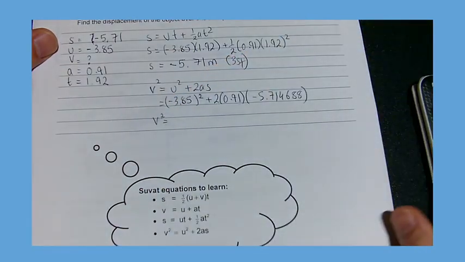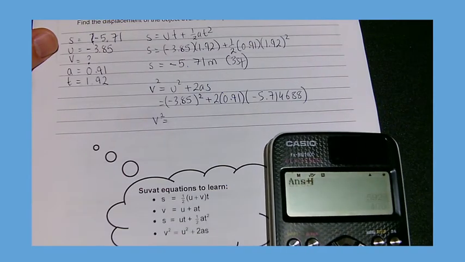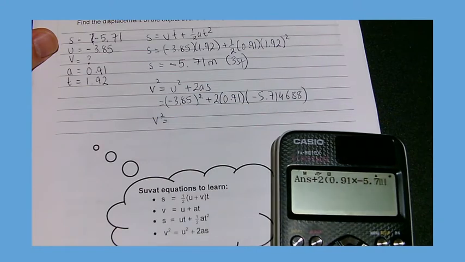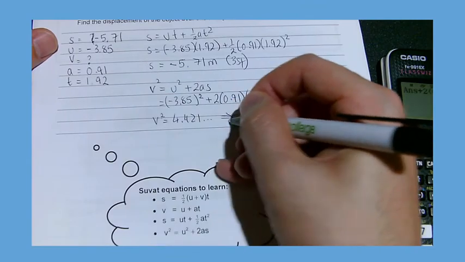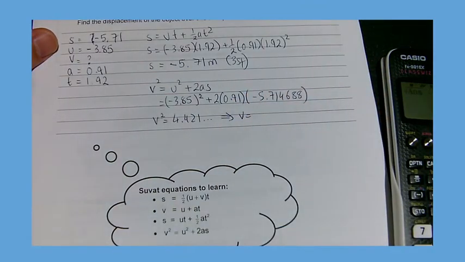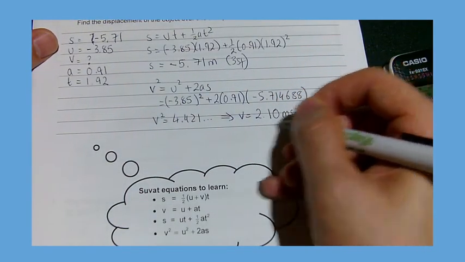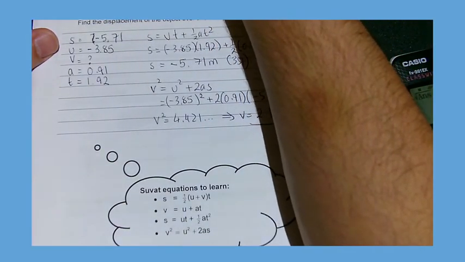So v squared equals minus 3.85 squared plus 2 times 0.91 times minus 5.714688, which gives 4.421, etc. And obviously you need to square root, and you get 2.10 meters per second as your final velocity, which is correct.